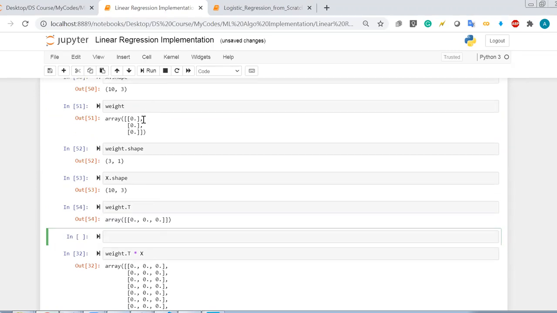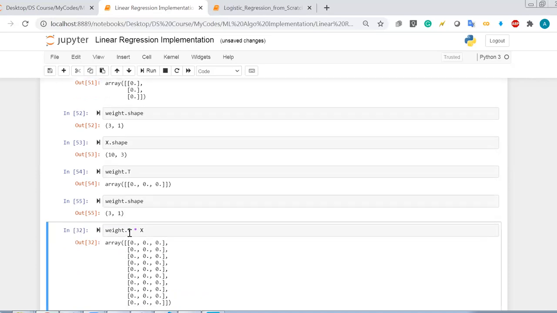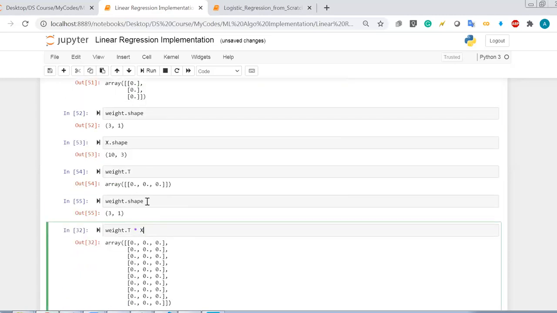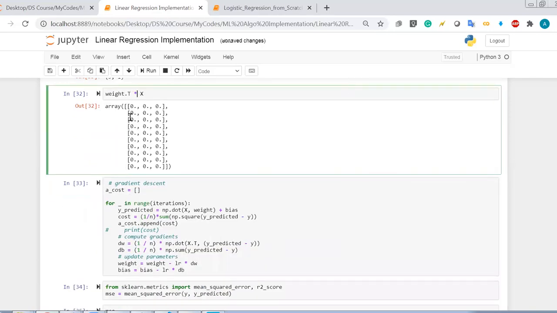Transpose will convert these columns into rows, and if we check the shape of this, it will be 3 cross 1. Now I'm multiplying this with my x, but how is it doing this? Because the dimension of x is 10 cross 3, and the dimension of this weight is 3 cross 1. So the number of columns should be equal to the number of rows. Just ignore this part for right now.